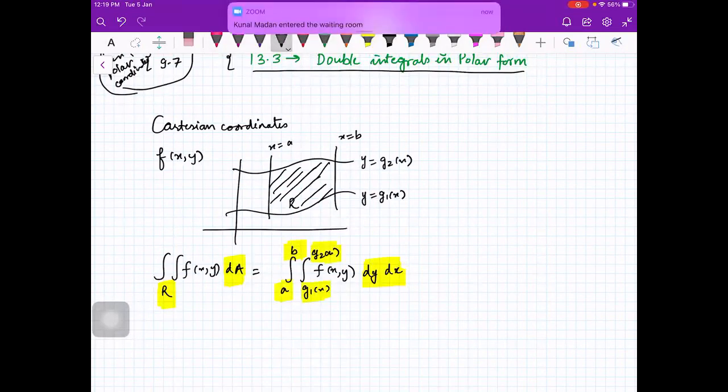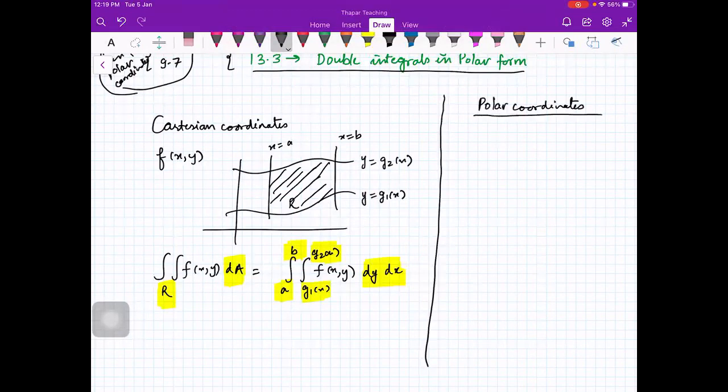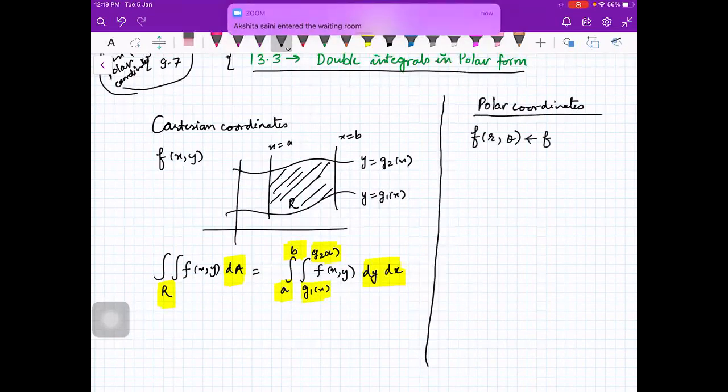Now, let us come to polar coordinates. In case of polar coordinates, you will have a function f(r, theta). Now, your variables will be r and theta. This is your function, and suppose R is your region of integration.